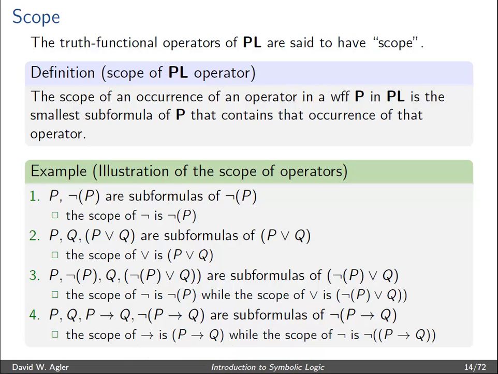While the scope of the negation or the not is the whole formula. The whole formula is the scope, or the smallest subformula that contains the negation operator.